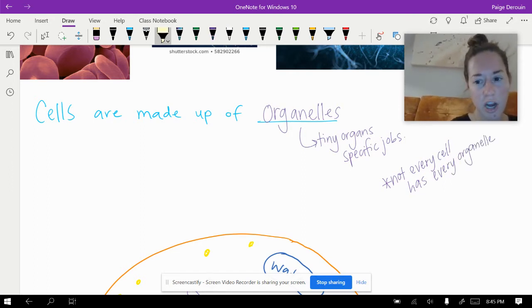Depending on the job of the cell, it might have really different numbers of specific organelles. So a cell that needs to produce a lot of energy is going to have different organelles than a cell that needs to store a lot of materials. So keep that in mind as we go through this.